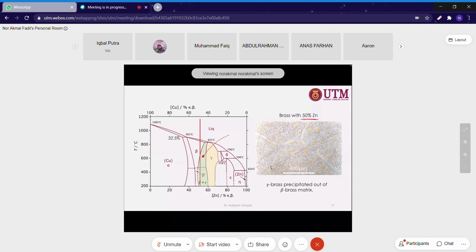Is it solid, doctor? Yeah, what kind of phase? The solid. It is no more liquid. At this point, exactly this point. What phase? Beta solid. Beta, but beta is only here. Beta plus gamma. Oh, that's good. Beta plus gamma.